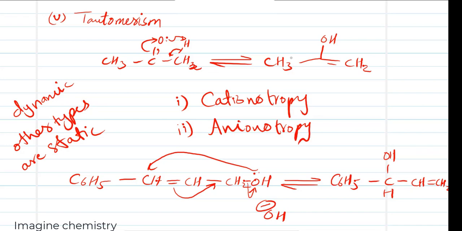And the fifth one was tautomerism, where there is the shift of a certain group inside a structure, and it is unique in that tautomerism is dynamic: the two isomers exist in dynamic equilibrium and are interconvertible. They can interconvert into each other and are always interconverting.